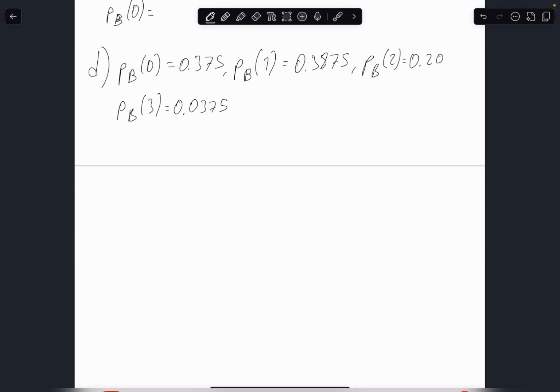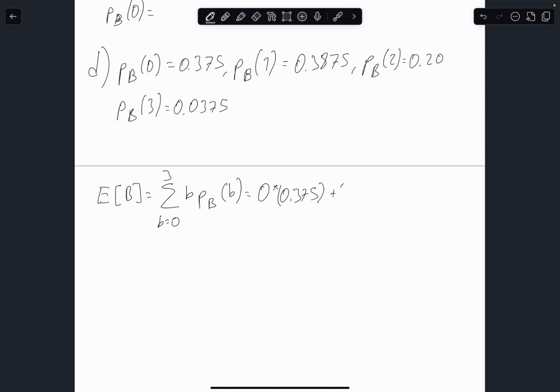So we write expectation of boys is equal to the sum over b equals 0 to 3 of the number of boys multiplied by the probability of having that many boys, which is 0 multiplied by 0.375, plus 1 multiplied by 0.3875, plus 2 boys, and its probability is 0.20, plus 3 boys, and its probability is 0.0375, and the answer is 0.9.